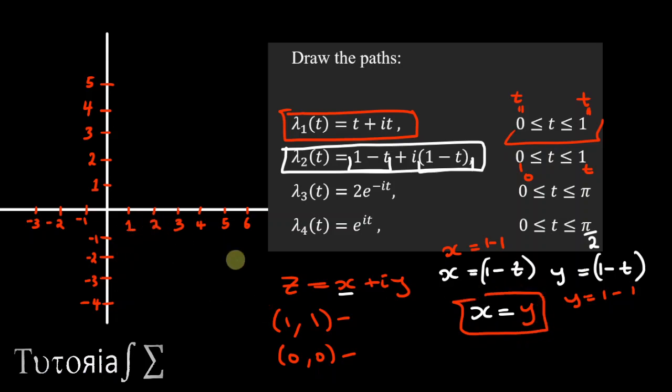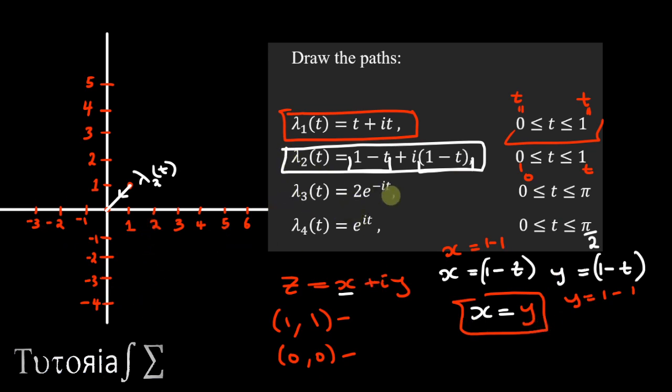The starting point is 1, 1 and the ending point is 0, 0. We put an arrow to show the direction that we're descending, from here going there. We already know how to draw x equals y, so we just put an arrow to show that the line is descending. So this is lambda 2 of t. Basically, you just need to convert the equation into x and y and sketch it.